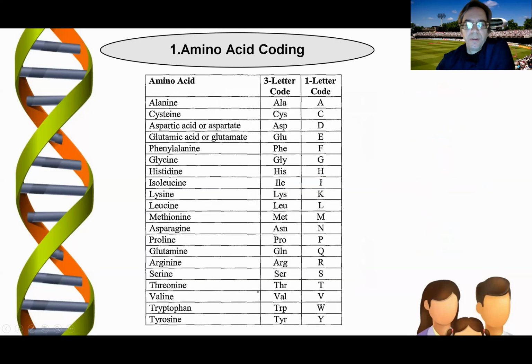So here we go. These are all the different amino acids you can see here. So we've got alanine, cysteine, aspartate, so on, and these are the one letter codes.